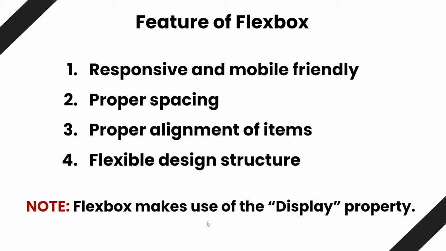The third feature is that it properly aligns items in order. That's proper alignment of items. The items you would have on a mobile display and on a laptop display might not be the same, but the way Flexbox is going to align them is going to be proper to the screen size. So probably on a laptop display, which is bigger, you can have up to 10 items within a Flexbox and they would all appear horizontally on the screen, because the laptop screen is bigger.